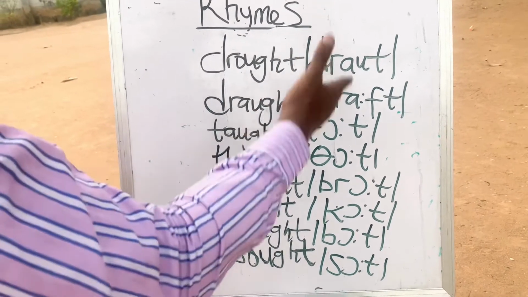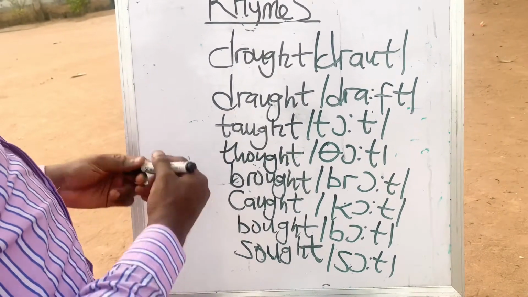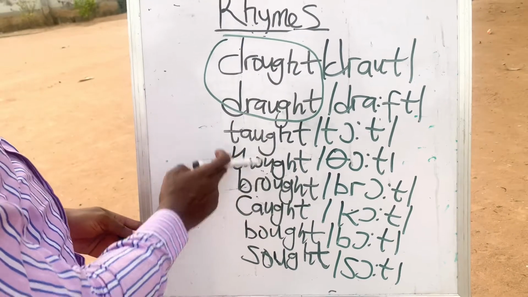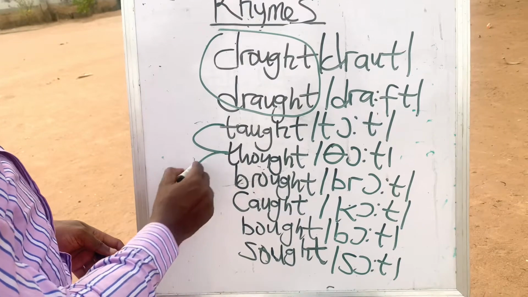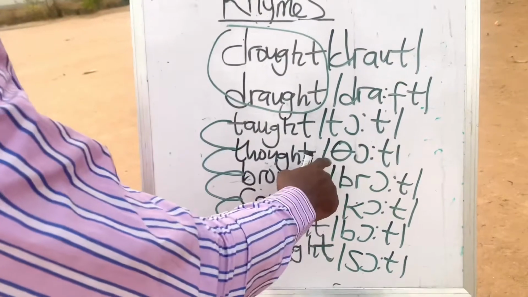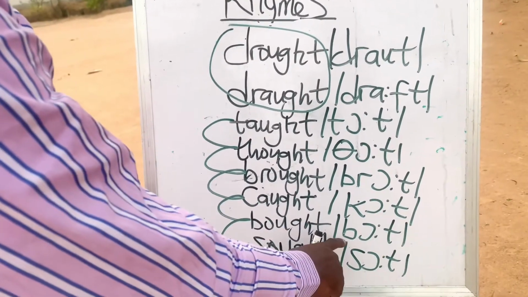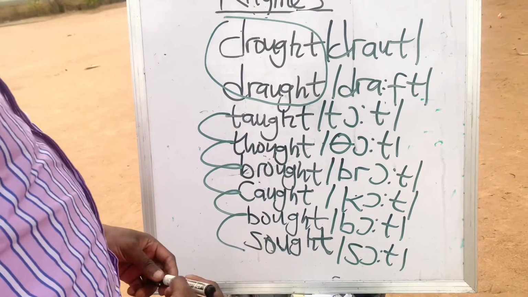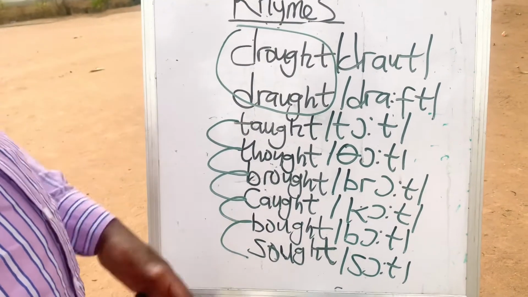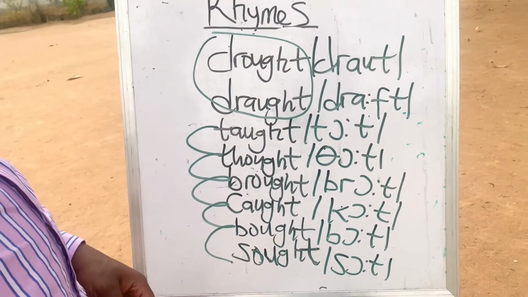It also does not rhyme with any of the words below. But apart from these two, every other word from here to here rhyme. So we have taught, thought, brought, caught, bought, and the last one, sought. So here you have it. This is a very good example of rhymes in the English language. I hope you've learned something.